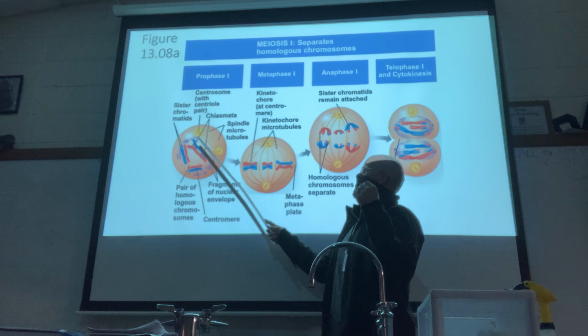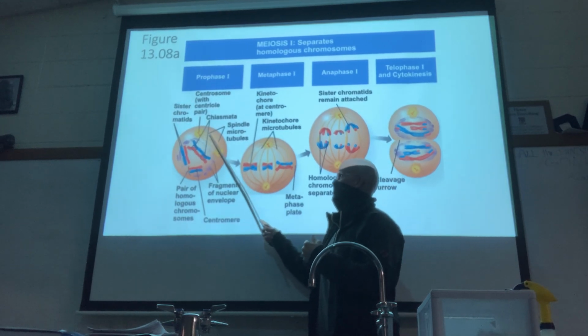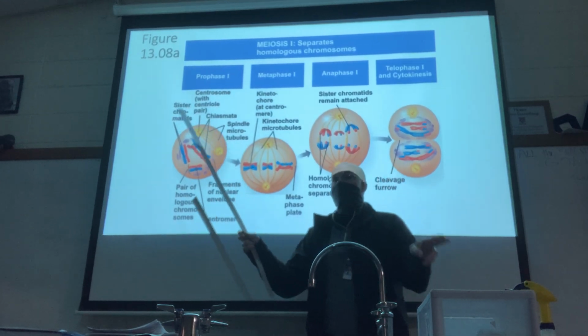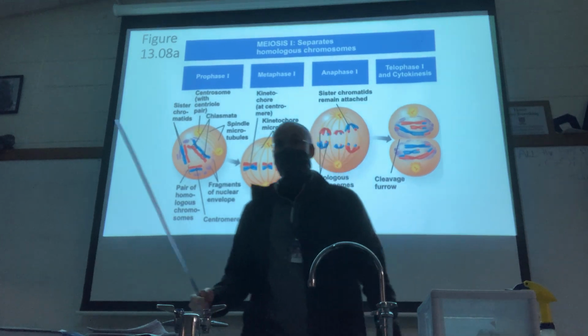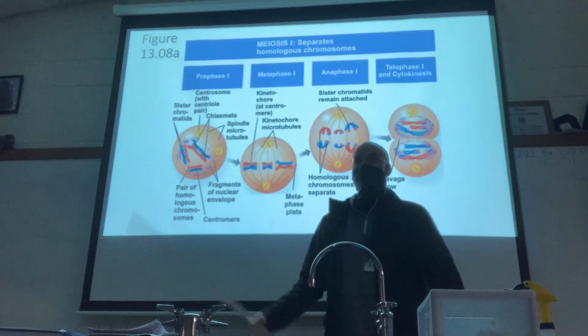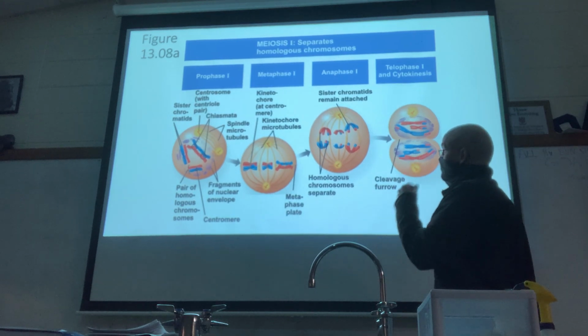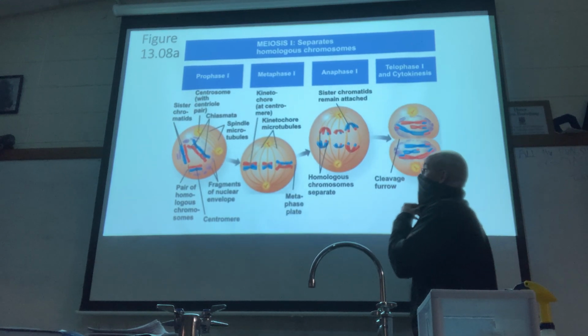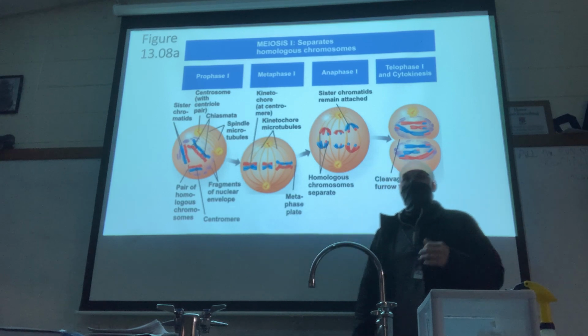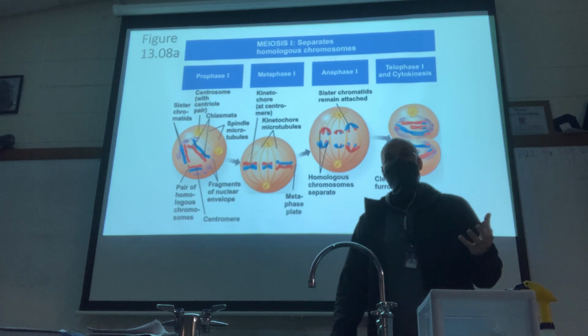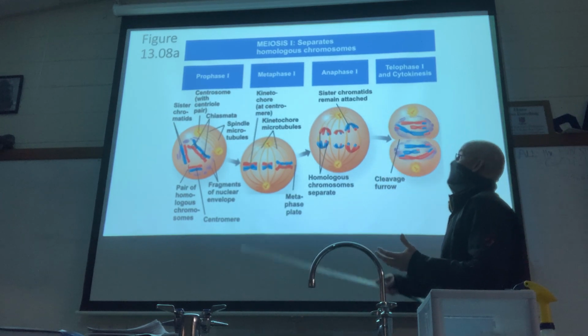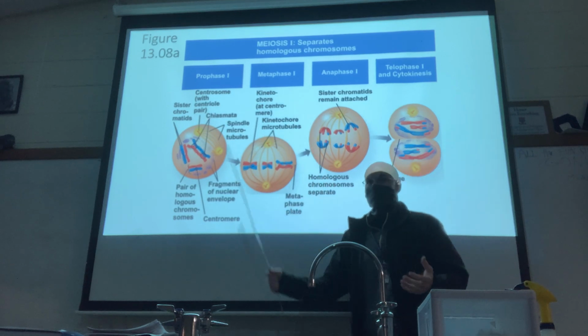So, nucleus breaks down, spindle fibers appear, chromosomes pair up and cross over. We'll talk about what crossing over is later. All right. Prophase 1 is complete. Now we move on to metaphase 1.